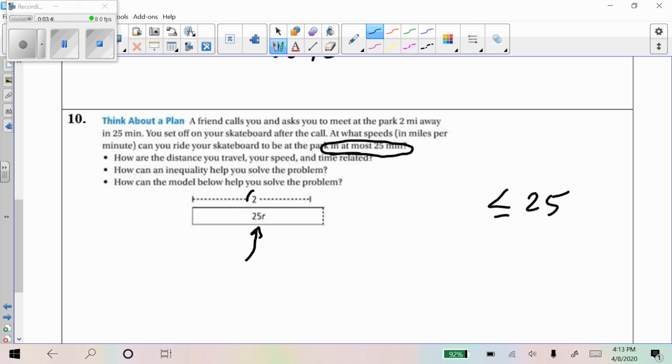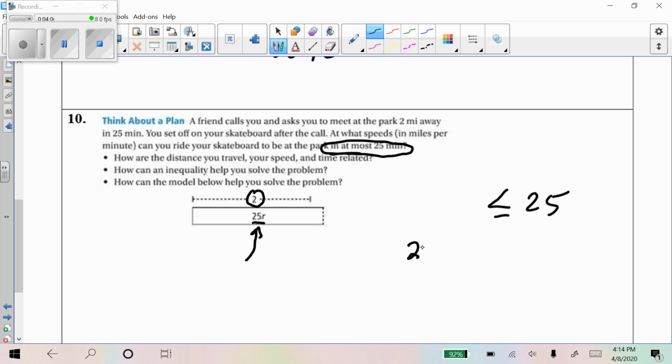And then 2 also represents the distance. Now, for you to make it in 25 minutes, your distance has to be at least 2 miles when you do the number of minutes times your rate.